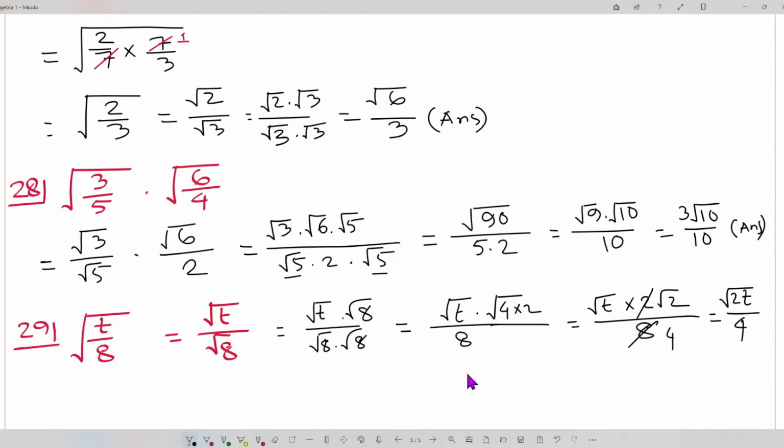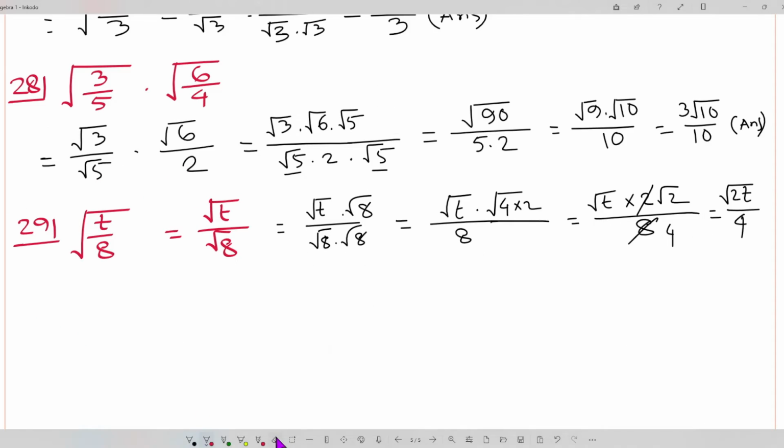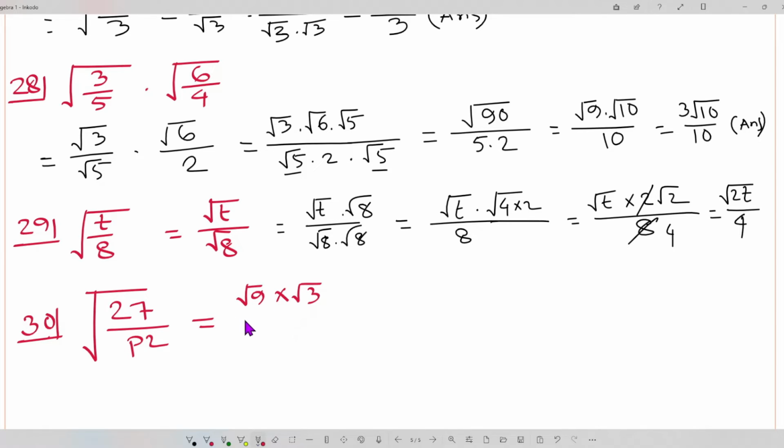Okay, so very simple. Number 30. Here is root of 27 over p squared. So this 27 we can write root 9 times root 3, and here is root p squared.